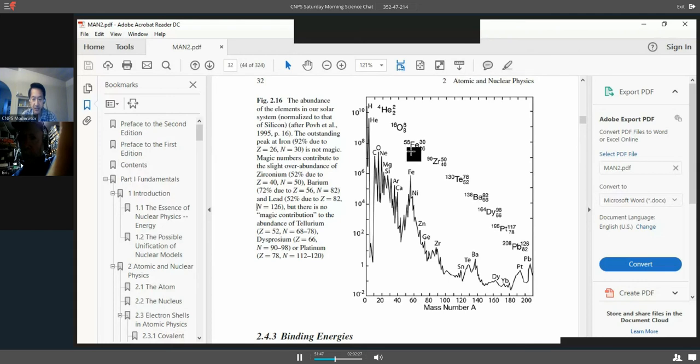And last week I mentioned that when I was fusing carbon and oxygen, we can detect iron in that reaction. And part of that may be because iron is favored to be formed, as is shown in the abundance of elements in the solar system. There is an unusually high amount of iron.